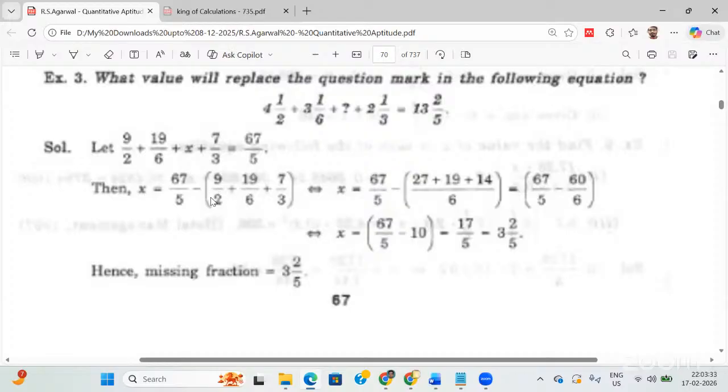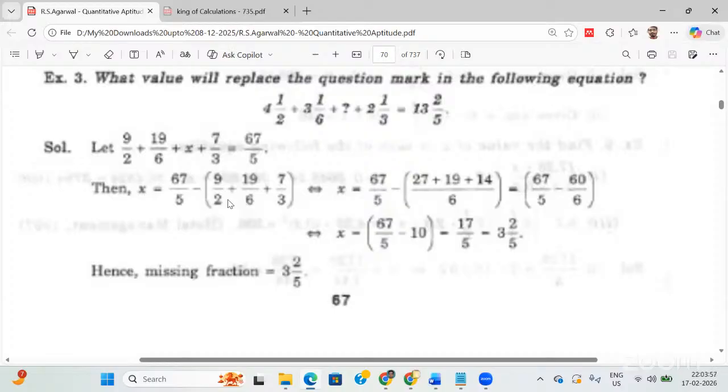And right now we have to do the LCM, lowest common multiple, of the denominators of all the fractions over here. The LCM of 2, 6, 3 is 6.